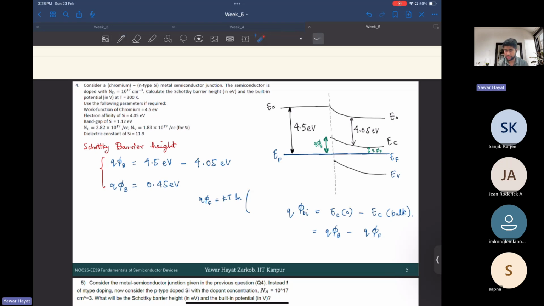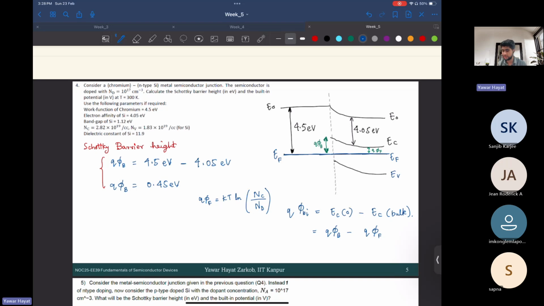If you use this formula, N is equal to NC exponential of minus (EC minus EF) by kT, from this one you'll compute this. Assuming 100% ionization, I'm replacing your N by ND.